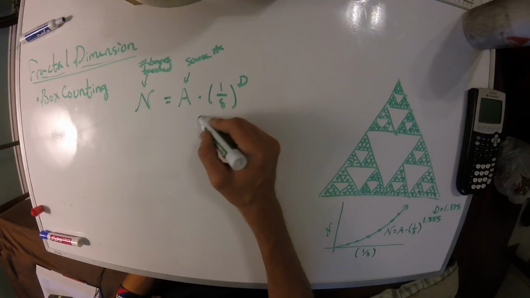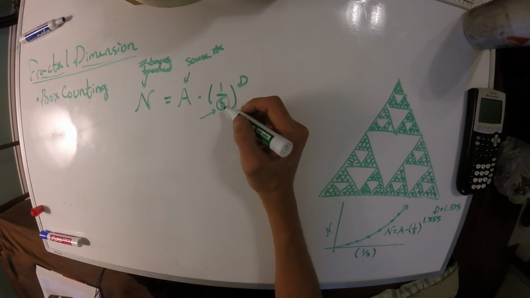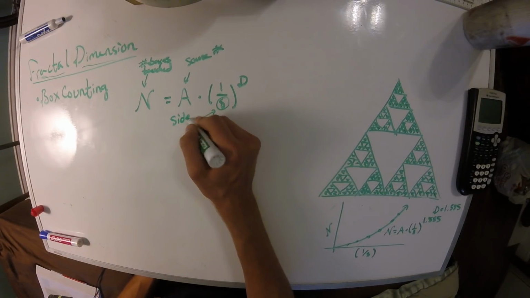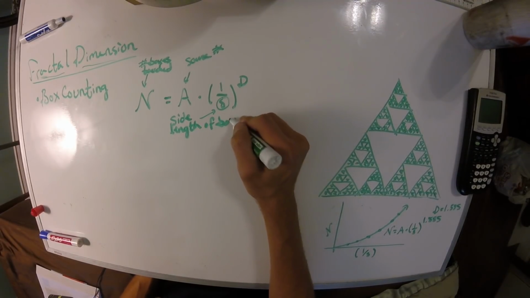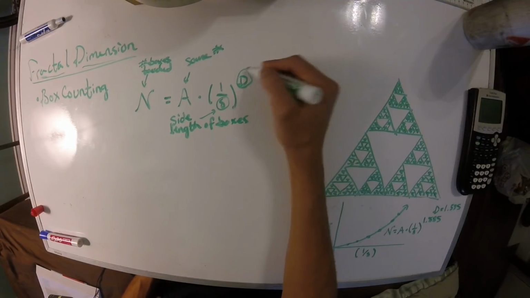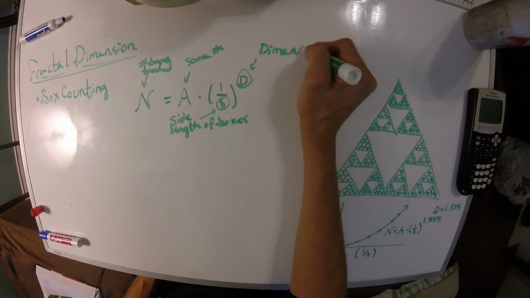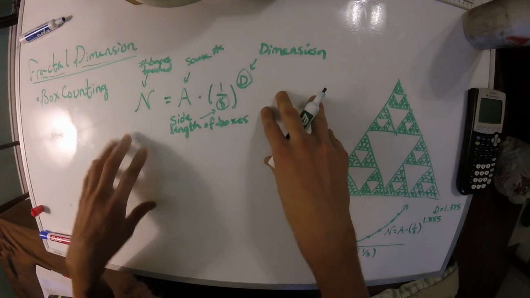Here s is the side length of the box, and d is the dimension.